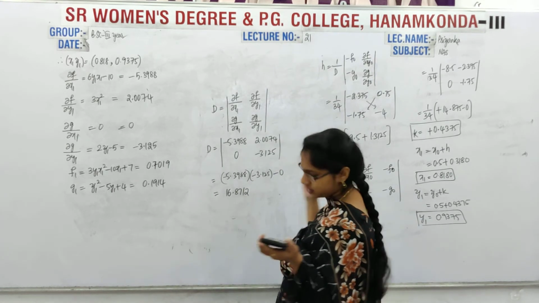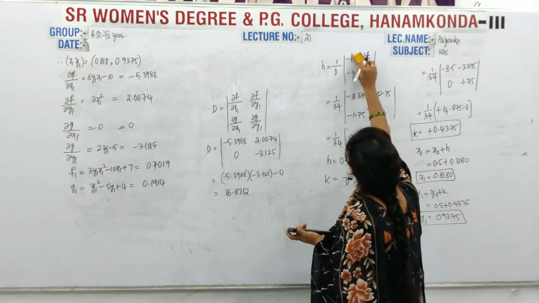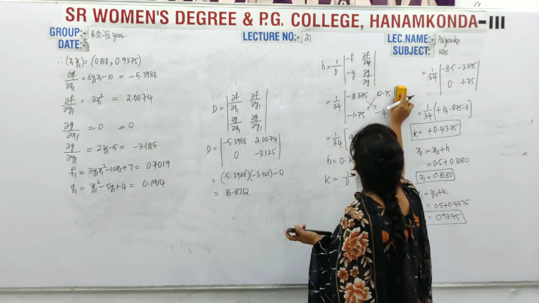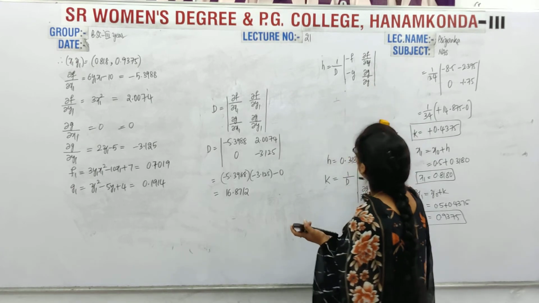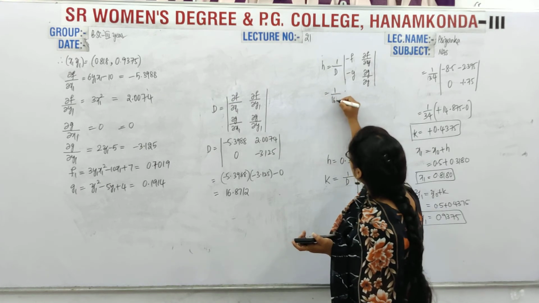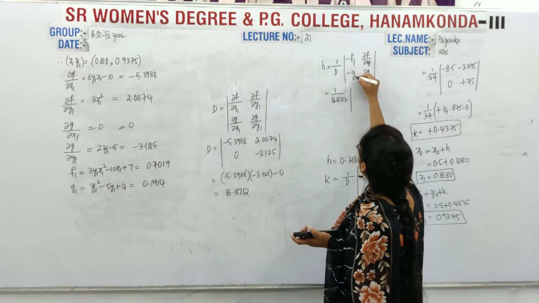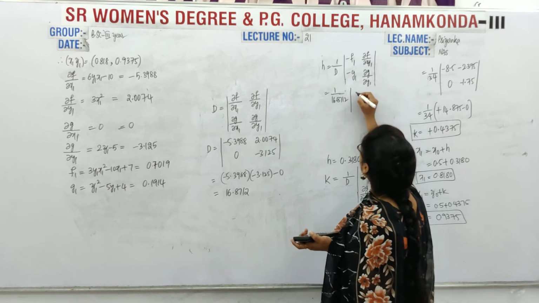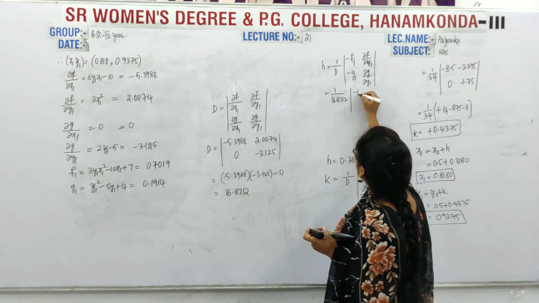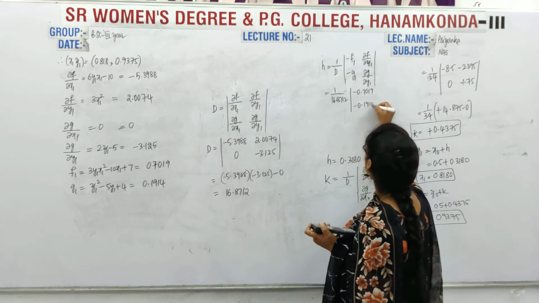Now, next H. H is, here we have to change. So now here 1 by 16.8712 of f1, g1 at x1, y1. Now minus f1, 0.7019, minus 0.1914.